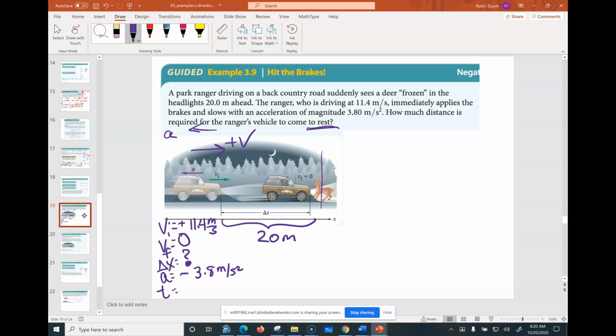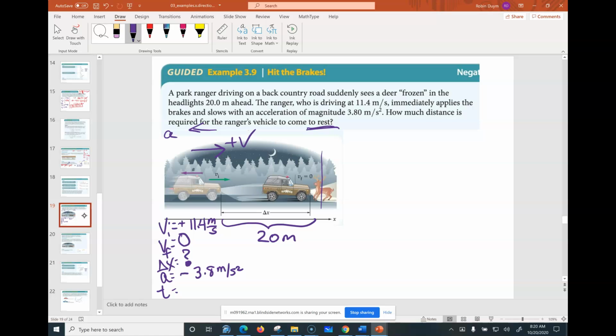We don't know anything about how long it takes. So look at your equation sheet and tell me, do you have something there that doesn't have t in it? And if so, jot it down. I'll give you a hint. It's in the box.